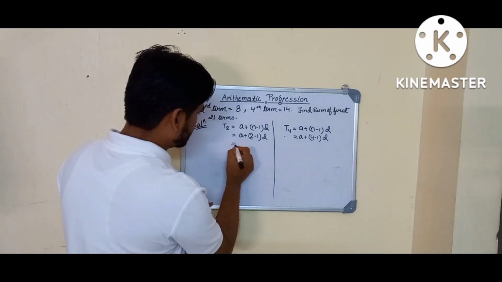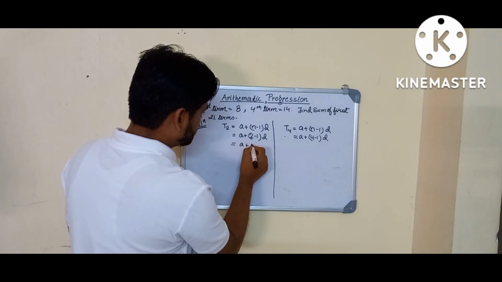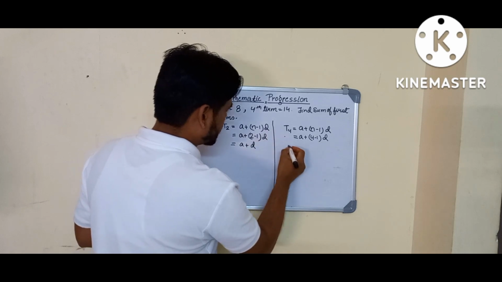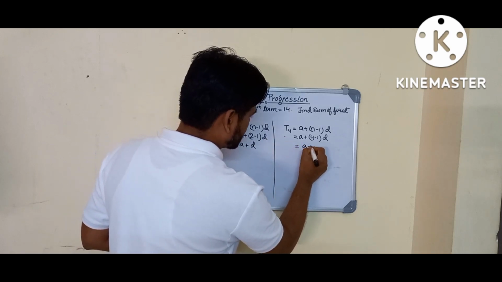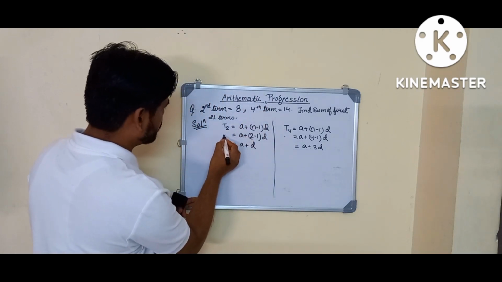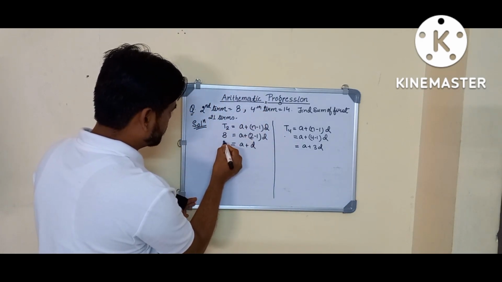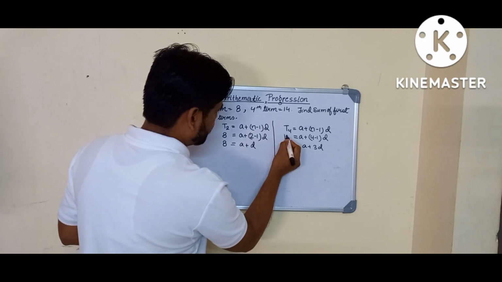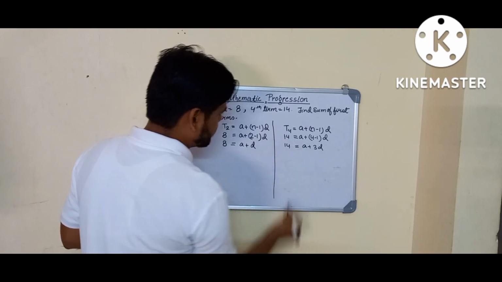So this will give the equation a plus d for the second term, and here we will get a plus 3d. We know the values given to us, so we will put the value 8 here, and the value 14 here.